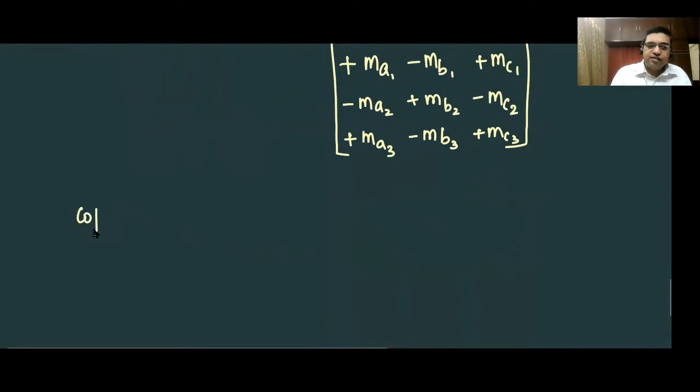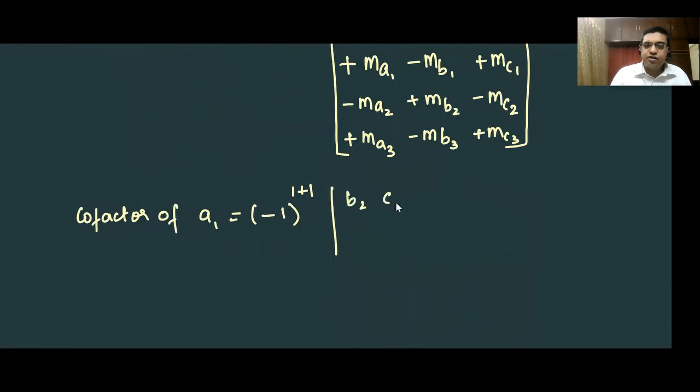So cofactor of A1 is minus 1 to the power 1 plus 1 into the determinant of B2 C2 B3 C3.